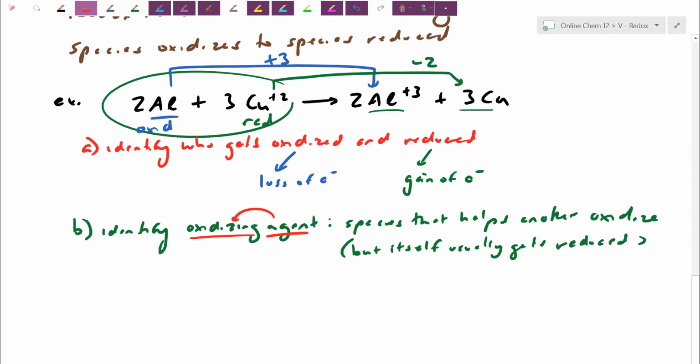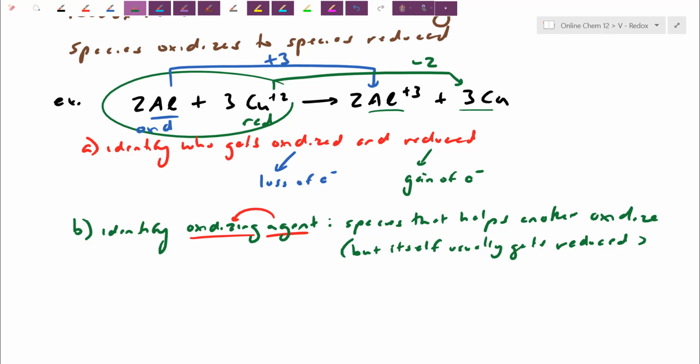Imagine you went to the store and you bought a cleaning agent. The detergent, whatever you buy, isn't the thing that needs cleaning, but it helps you to clean other surfaces. So in this case, we had identified that aluminum was a chemical that needs to be oxidized. This is the one that needs to lose electrons, the one whose charge needs to go up. What chemical is actually allowing the aluminum to lose electrons?